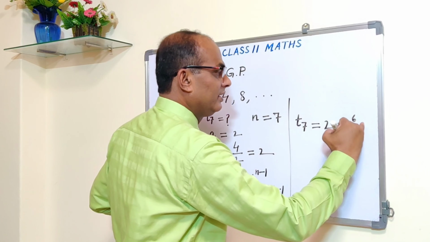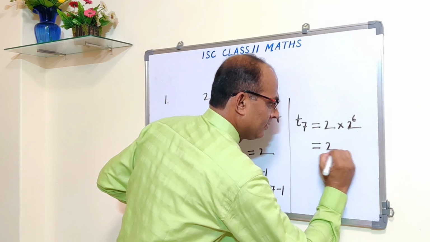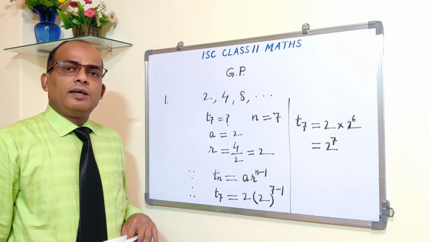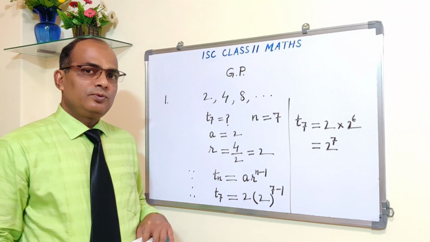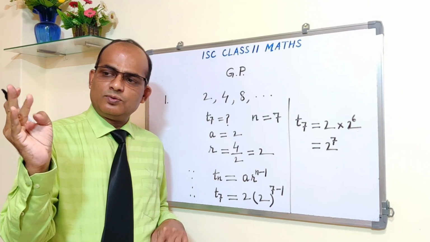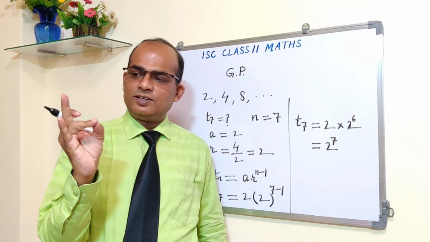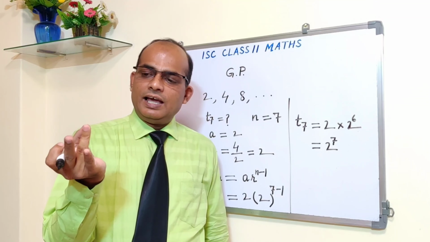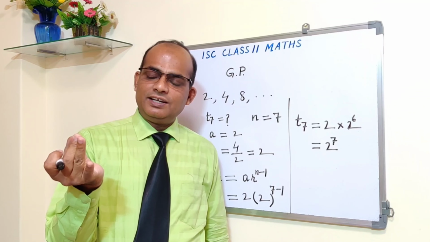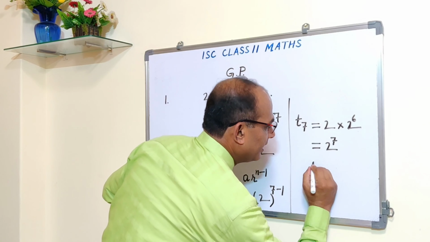This gives you total 2 raised to the power 7. If you simplify this, you will get 2 multiplied 7 times, right? So 2, 4, 8, 16, and then 32, 64, 128. How much? 128.